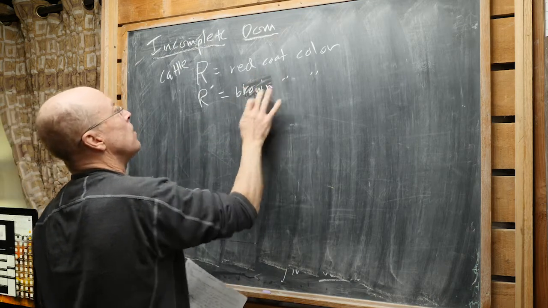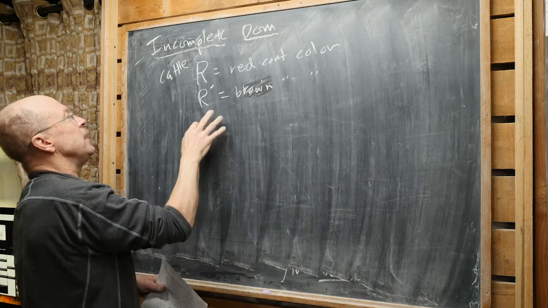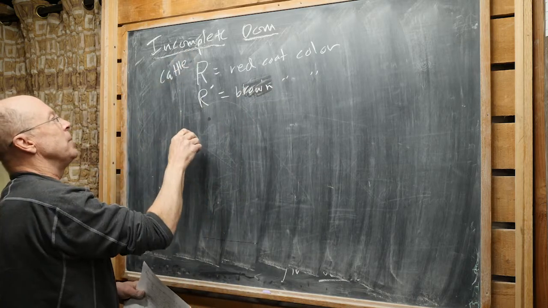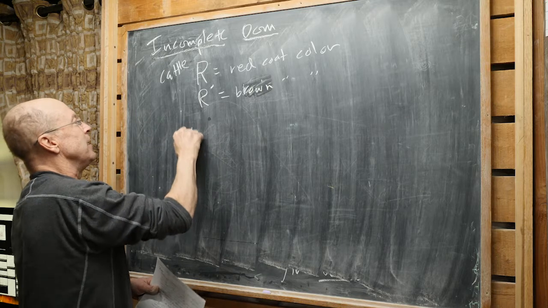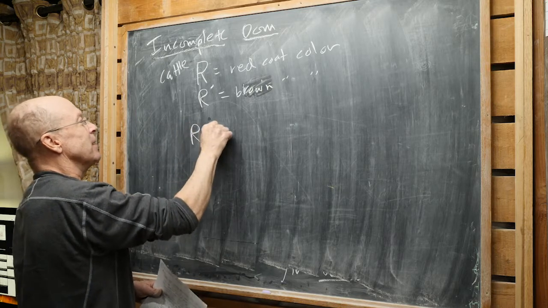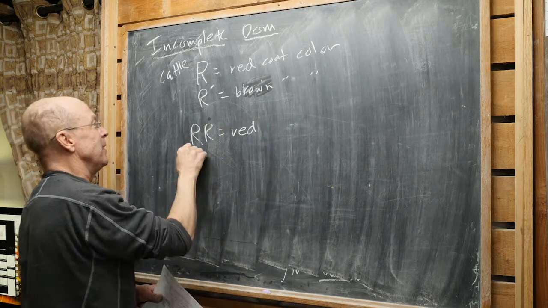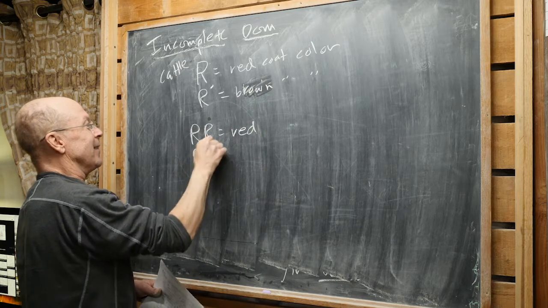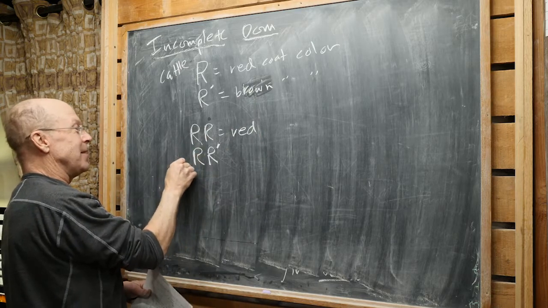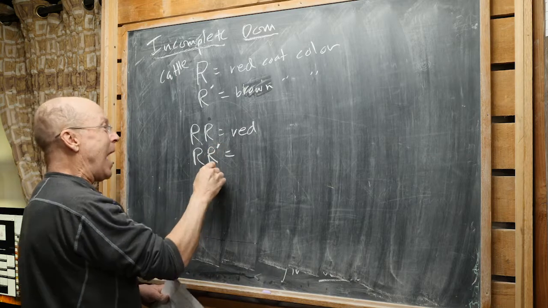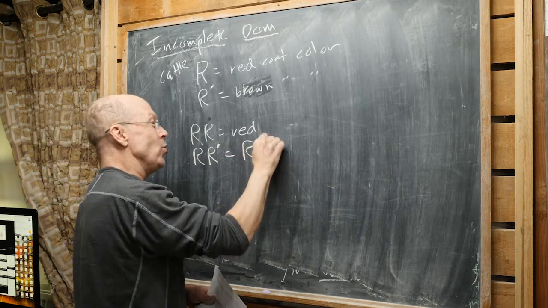And then what we're going to see in the genotypes for incomplete dominance is that this guy here is red. This guy here, the heterozygote, is roan.